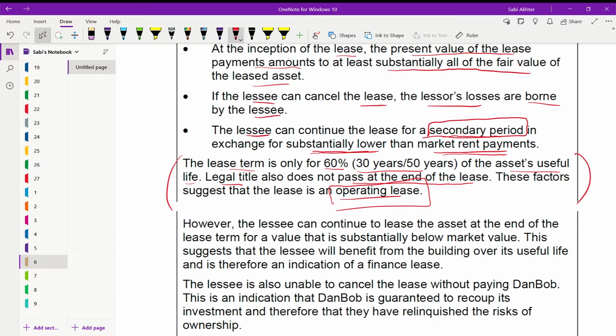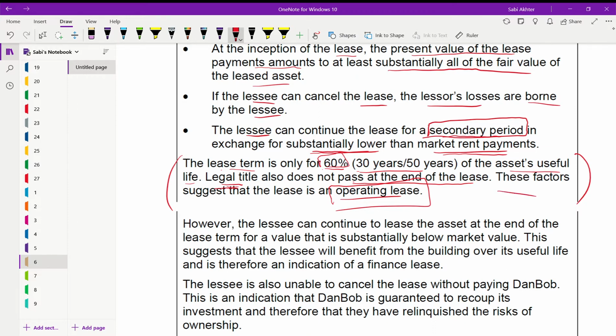Okay, the lease term is only for 60%. So I told before that more than 50% they take as a majority, but here they are not doing so. 60%. So up there says useful life. Because they have not defined what the majority is, they just told only 60%. Legal title also does not pass; legal title remains with the lessor. It does not pass to the lessee. This factor suggests that this lease is an operating lease.